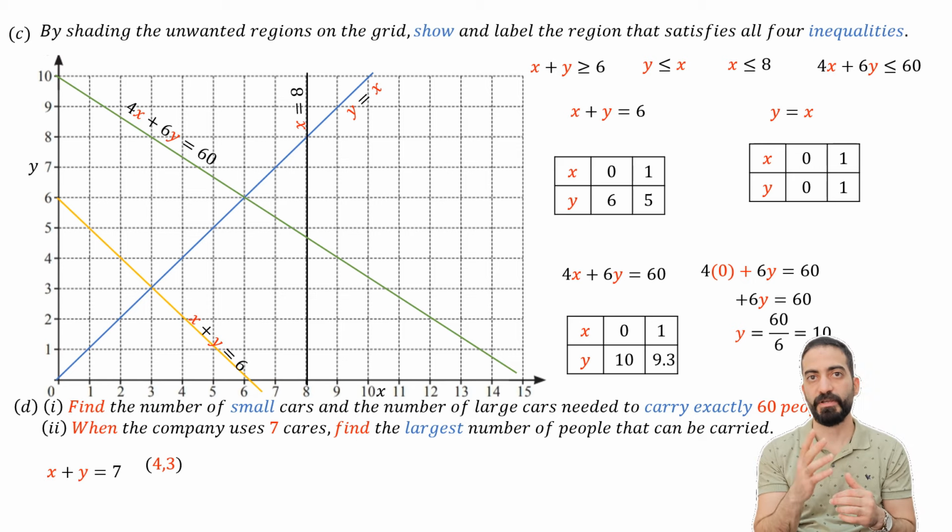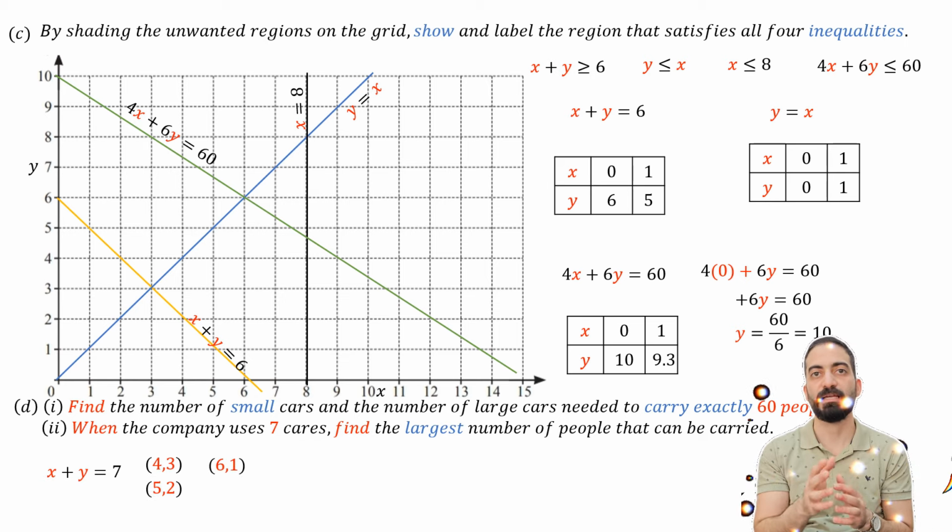But if x equals 3 and y equals 4, this is wrong because y must be smaller than or equal to x. It can also be x equals 6 and y equals 1, because 6 plus 1 equals 7. Or x equals 5 and y equals 2, because 5 plus 2 equals 7. Or x equals 7 and y equals 0.